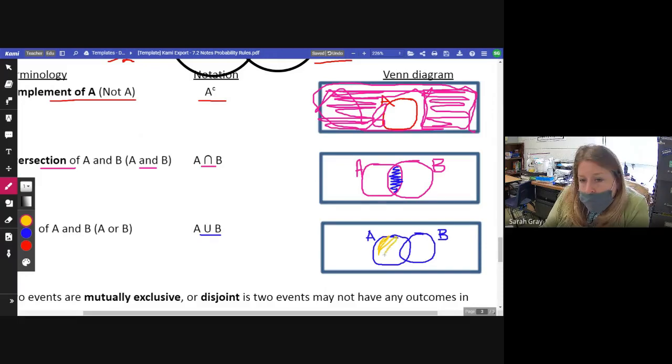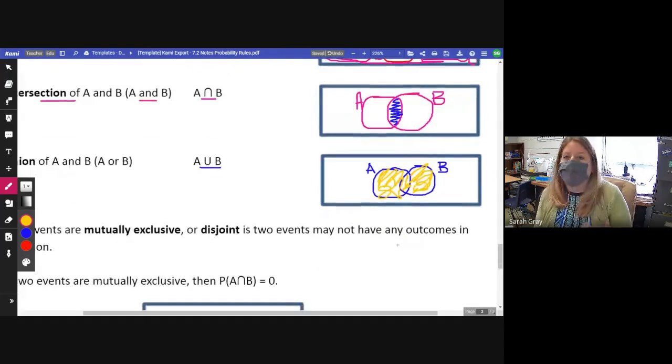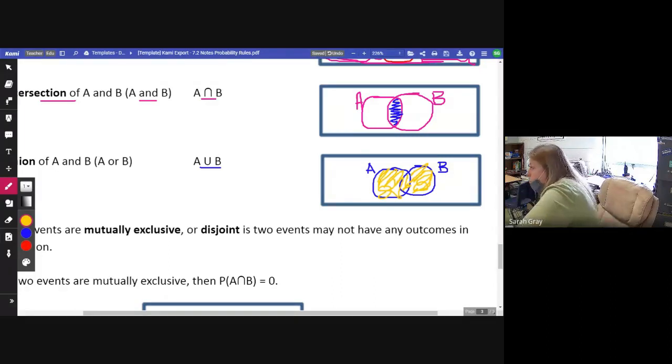So it's everything in A and everything in B and everything in between. The union of the 2 circles is everything contained within those 2 circles. Union is or. That one's harder to remember. And looks like an A, or looks like a U.